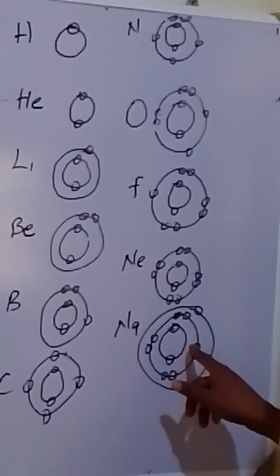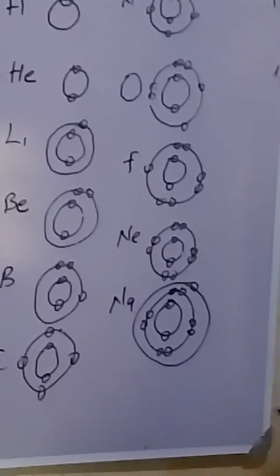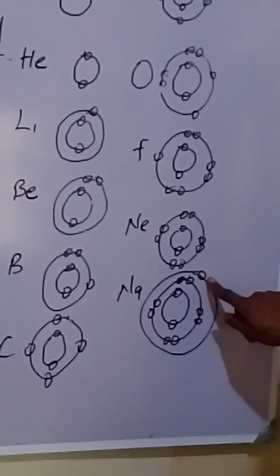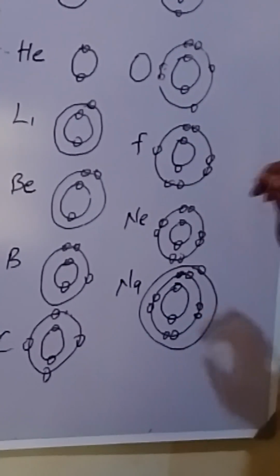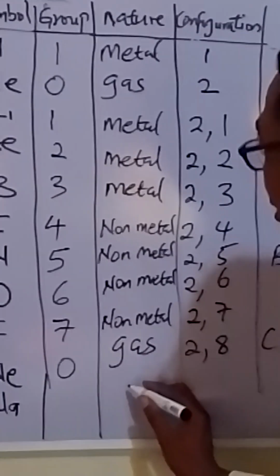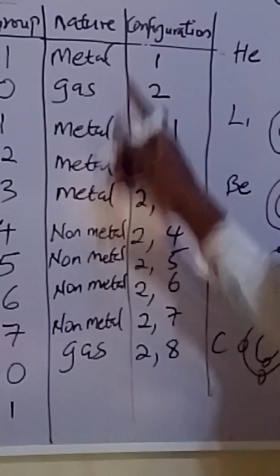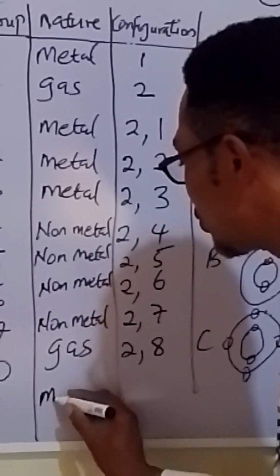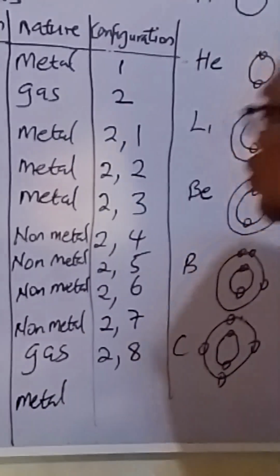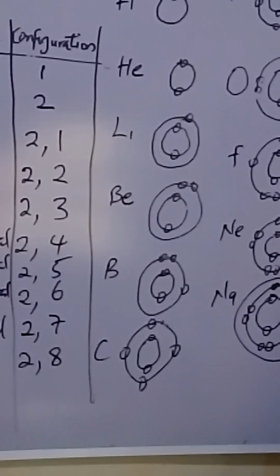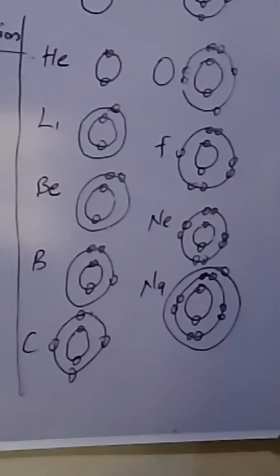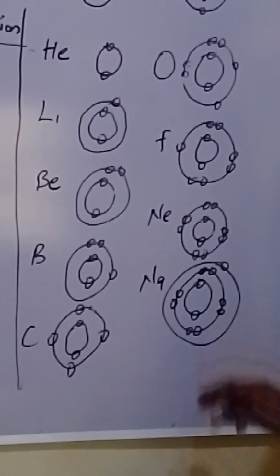And so, what is the group that sodium will be? In the outermost shell, how many electrons are there? Just 1. So, sodium is in group 1. And then sodium is also a metal. Because we say anyone that has 1, 2, or 3 in the outermost shell is a metal. And so what's the configuration of sodium?